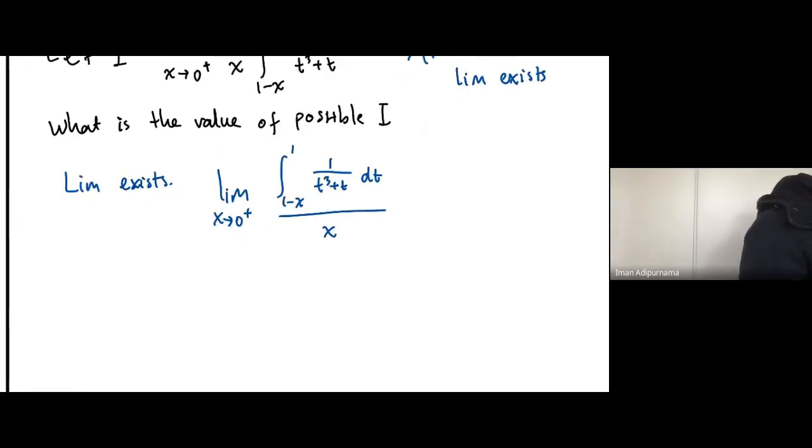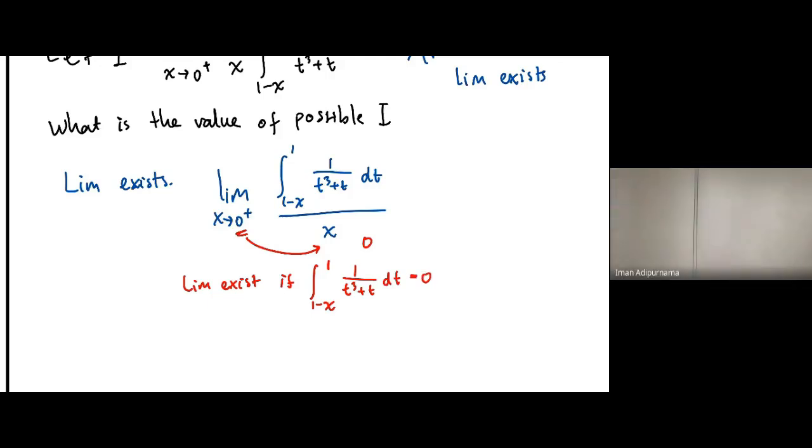If you imagine the 0, if you plug into the bottom, it will be 0, right? So the limit will exist if this is also 0, right? Because if this part has a value, then it will be undefined. But because it's 0, for the limit to exist, this top equation should also be 0.